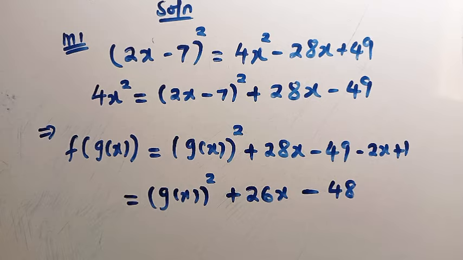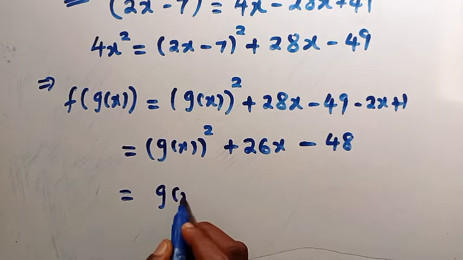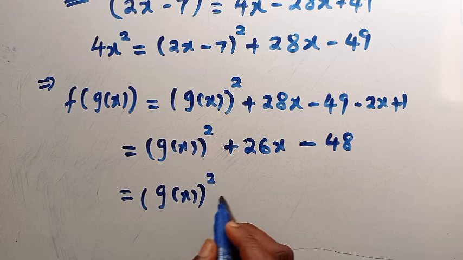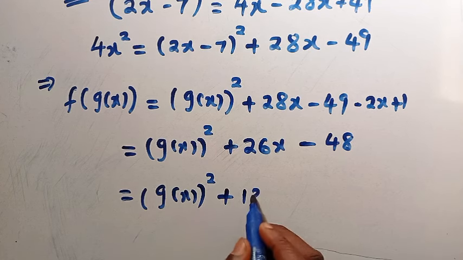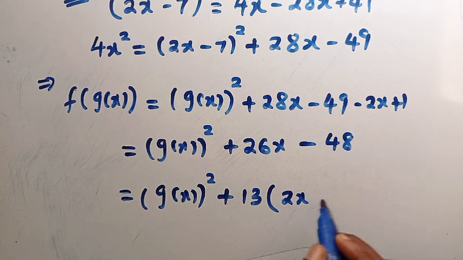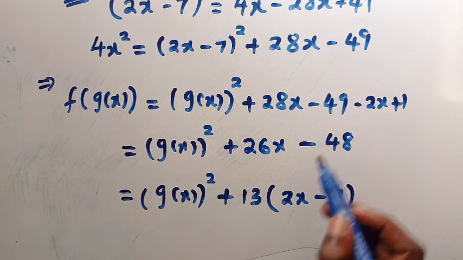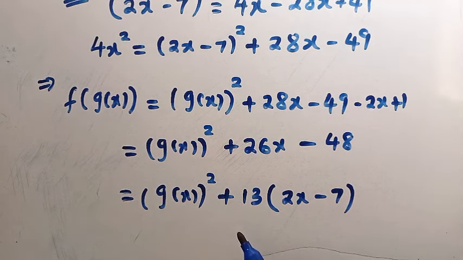And from here, I want to get g of x. Suppose I factor out 13. Then we have 2x minus 7, but this one is minus 48. It has passed what I want.